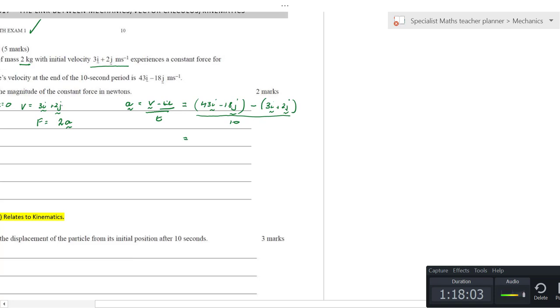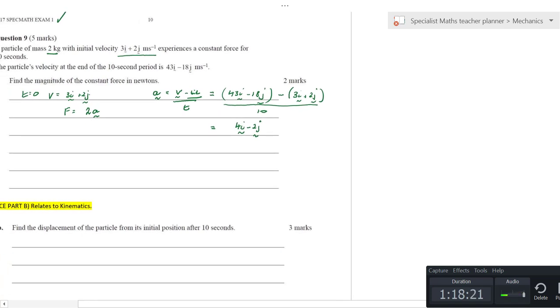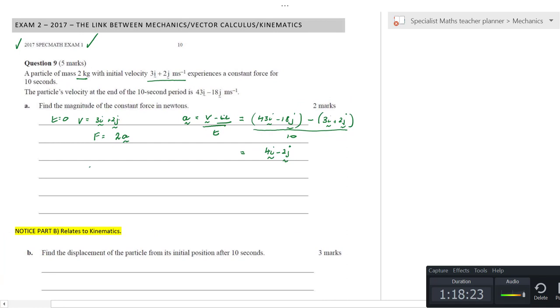So that's going to be 4i because 40 divided by 10, and then minus 18 minus 2 is minus 20 divided by 10, minus 2j. We've found our acceleration. So therefore, our force is equal to 2 times our acceleration, which is 8i minus 2j.